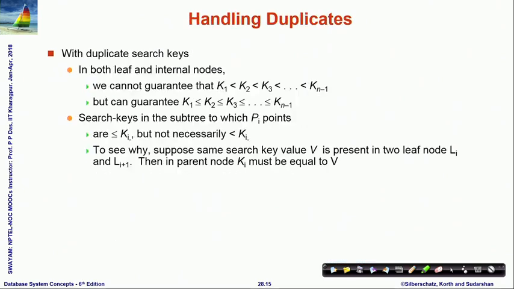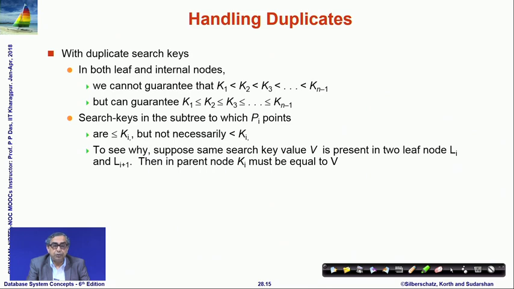Now, I started by saying that there are no duplicates. So, the keys follow strict ordering, but the whole assumption will also hold good if you allow equality between consecutive keys.